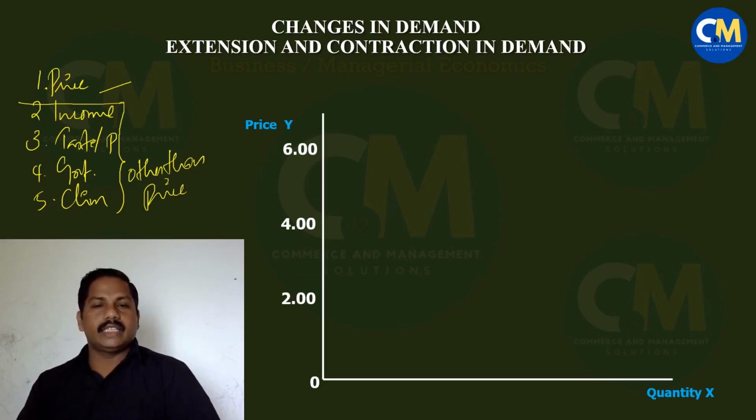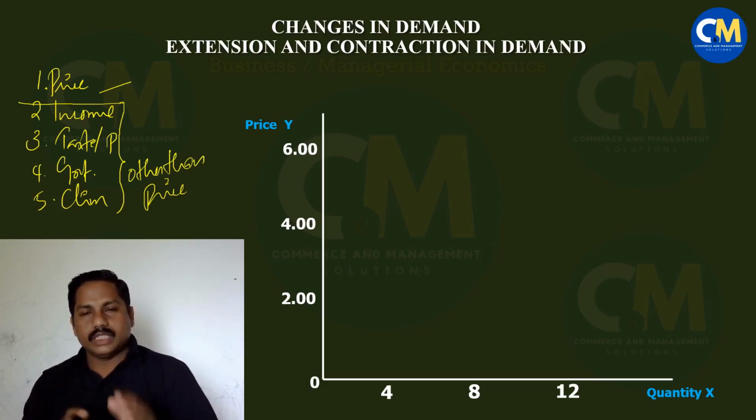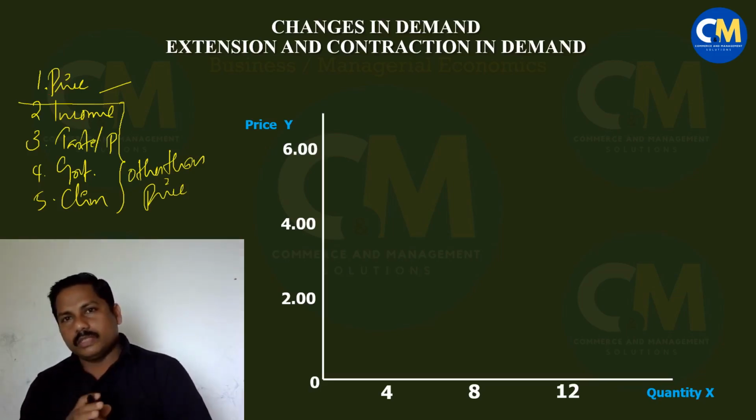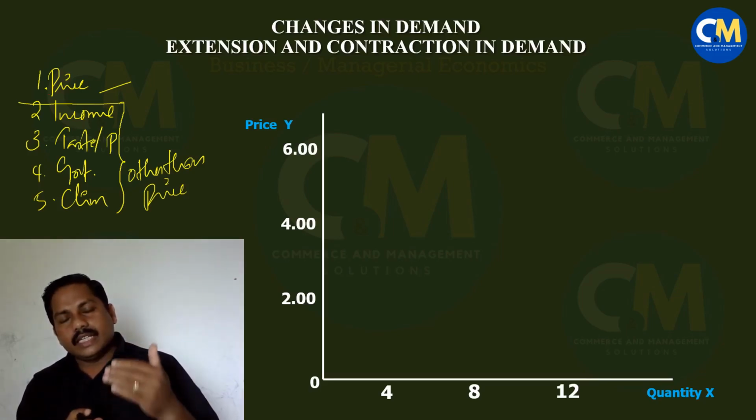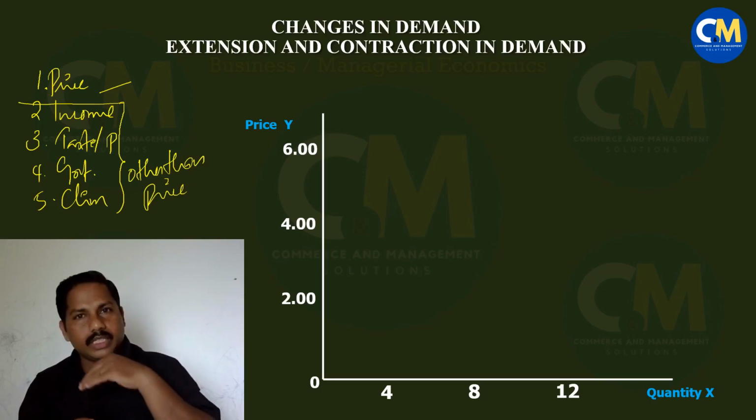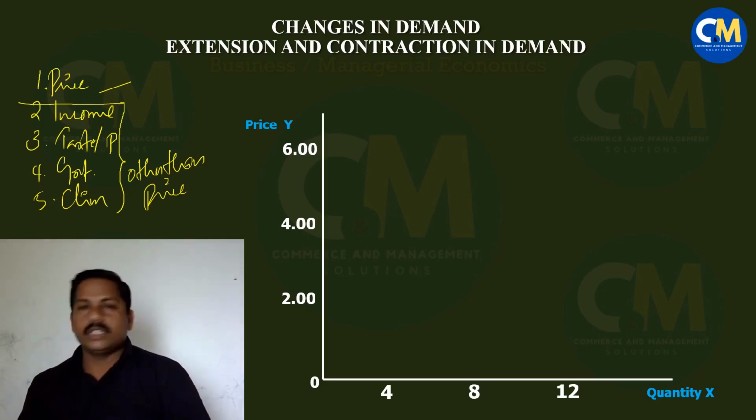We scale the y-axis as 2, 4 and 6, and quantity as 4, 8 and 12. We need to draw a demand curve. The demand curve always slopes downward because there is an inverse relationship between price and quantity demanded.